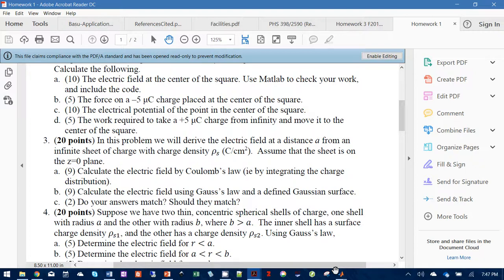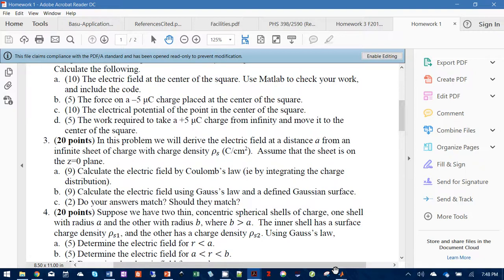It could be. I don't want to give away the answer, but yeah, when you have an infinite sheet of charge, the way that you like to set up that problem is to define a Gaussian surface.